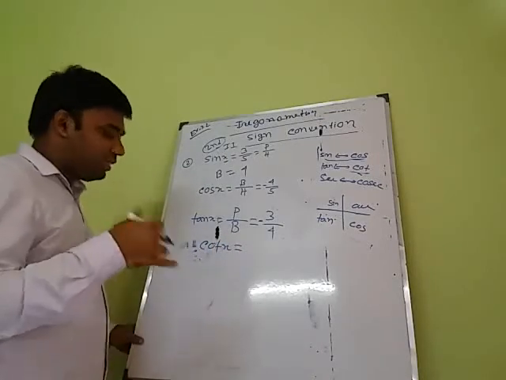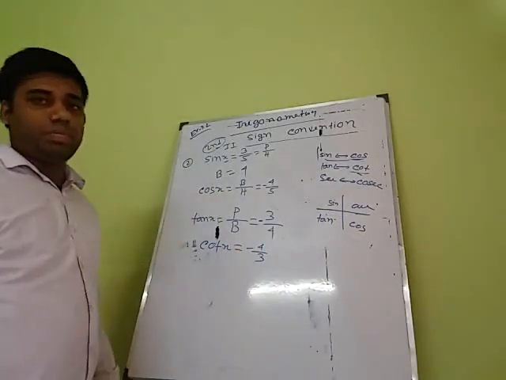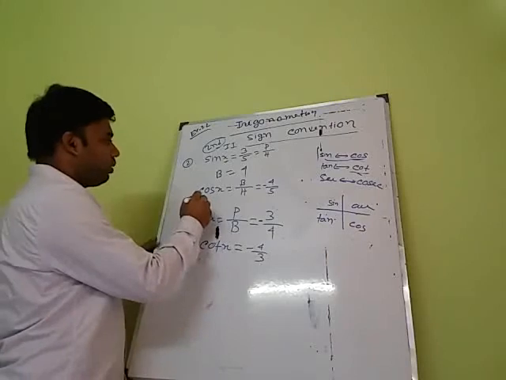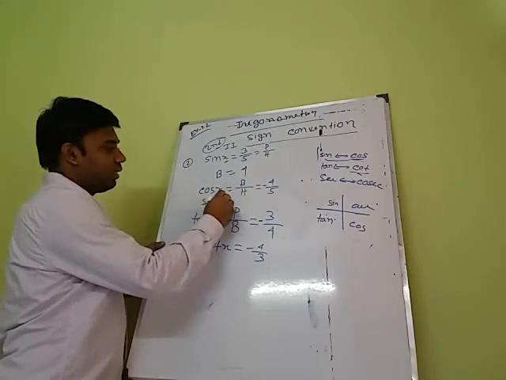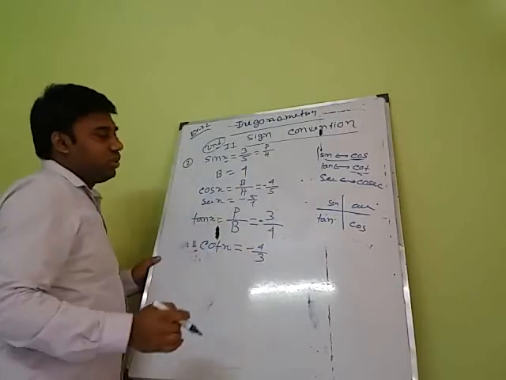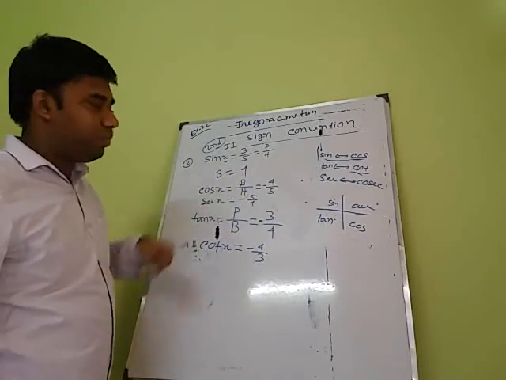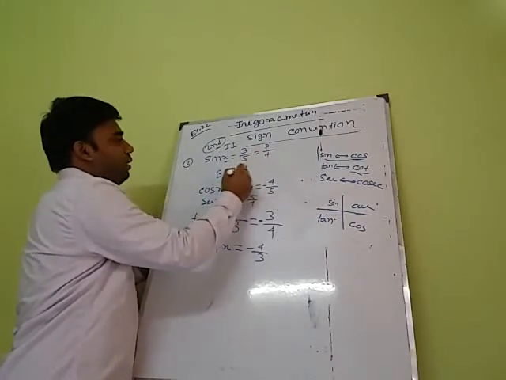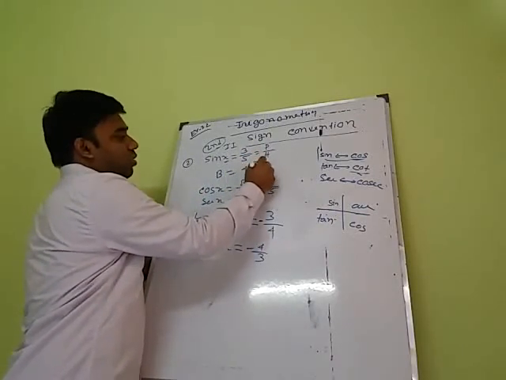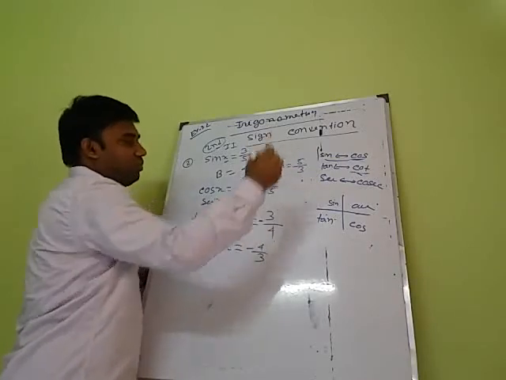Reciprocal of tan x is cot x, that is minus 4 by 3. What will be the value of sec x? Reciprocate minus 4 by 5, so minus 5 by 4. Sin is equal to 3 by 5, so cosec x equals 5 by 3.